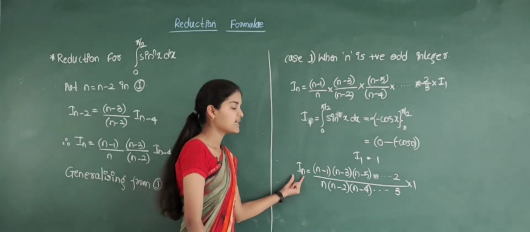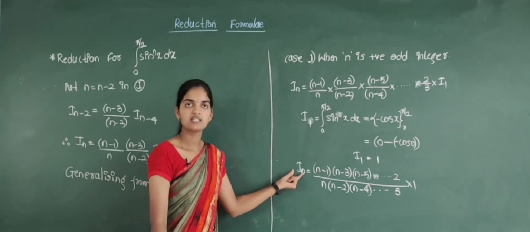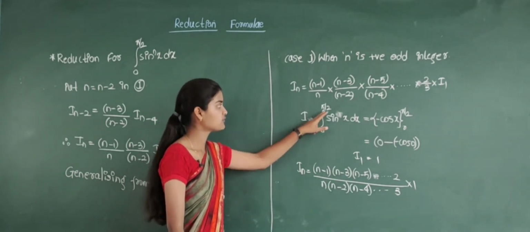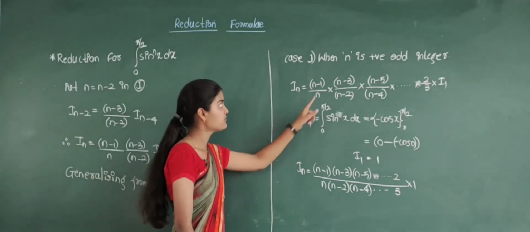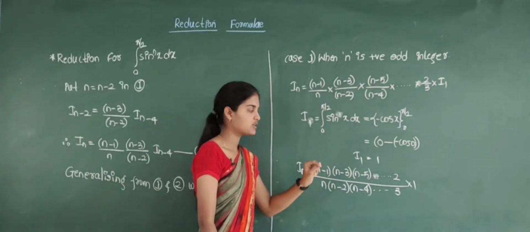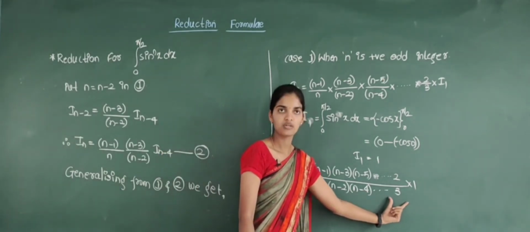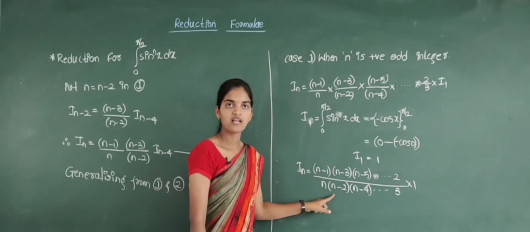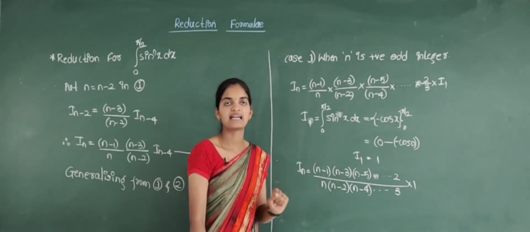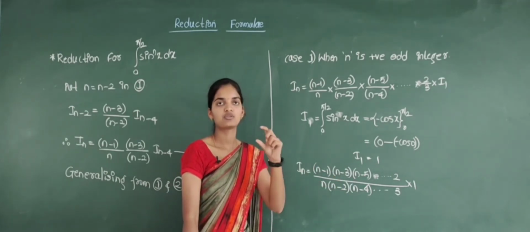So this is the integration of sin raised to n x dx taken from 0 to pi by 2, and whenever n is a positive odd integer, the reduction formula is like this. So this is when n is odd, and this is our reduction formula of sin raised to n x dx from 0 to pi by 2.